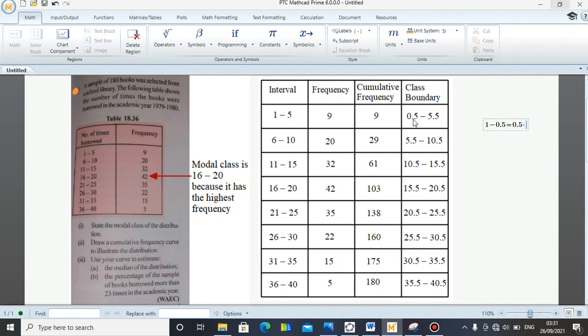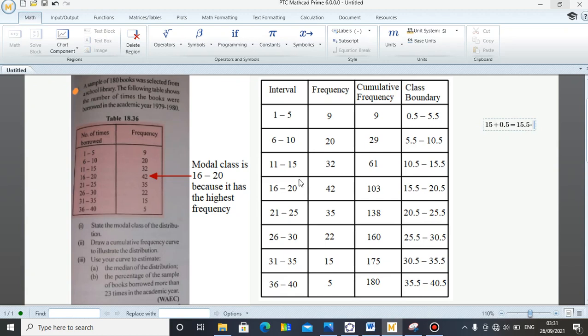So that's how I got the 0.5. Then all the upper class, you need to add 0.5 to all of them, so that you can get this upper class boundary. For example, the upper class boundary of this class is 15. So I just need to say 15 plus 0.5, and that one will give me 15.5. You can see how we got 15.5.